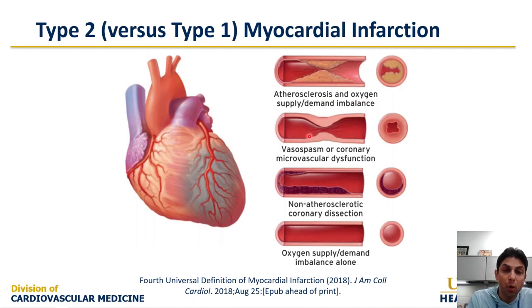It could also be related to coronary vasospasm, where a patient may not have any stenosis, but with a vasospasm, it creates something like a 70% stenosis. And on top of that, in this given patient, they're having anemia and a drop of blood pressure that can result in myocardial necrosis or infarction. Or a patient can have a non-atherosclerotic coronary dissection.